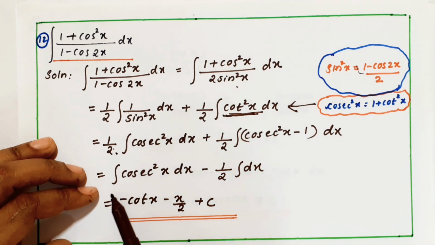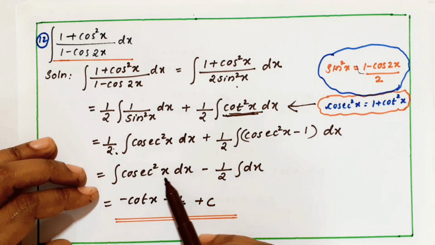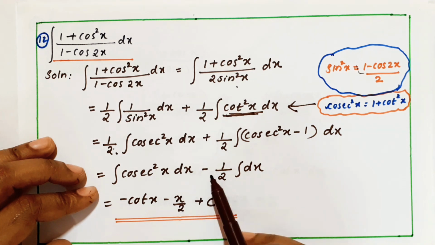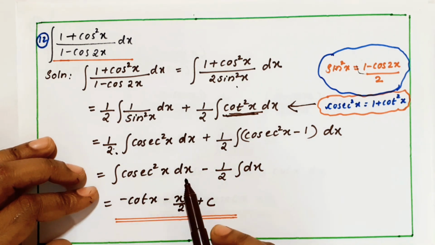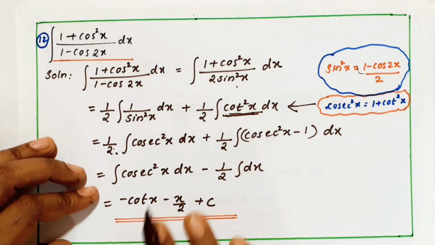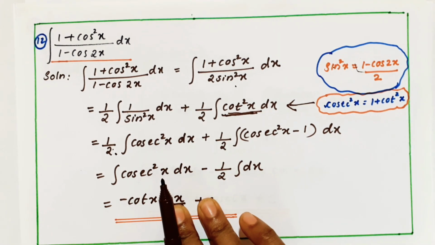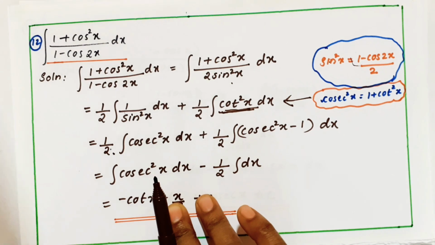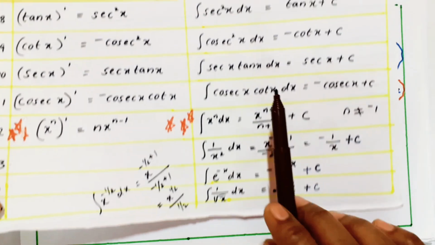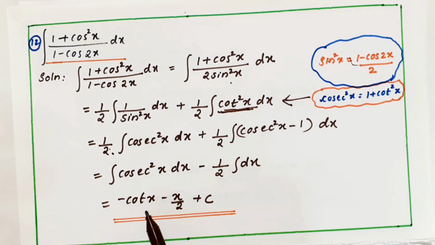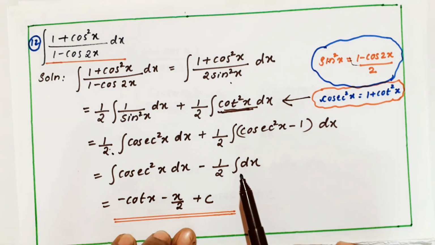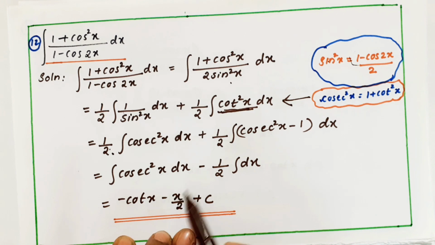So you can write this as integral of cosec square x dx minus 1 by 2 dx. What is integral of cosec square x dx? Already we discussed in the standard formula. Integral of cosec square x dx we can write as minus cot x. This one we know integral of dx is x. This 2, that is x by 2 plus c.